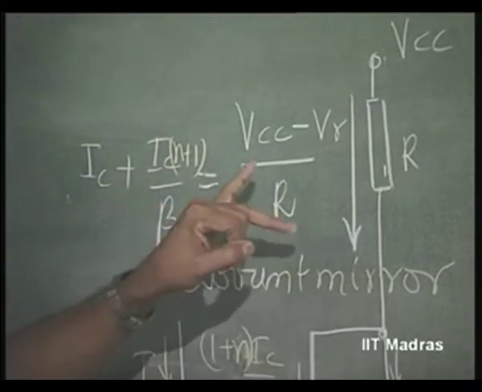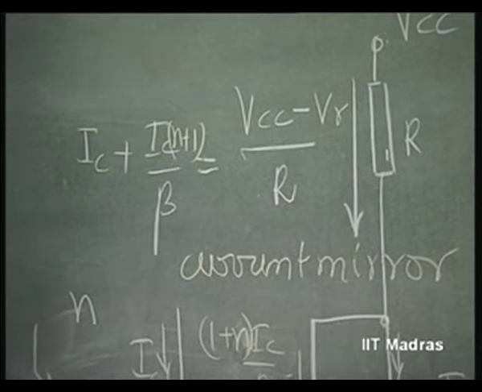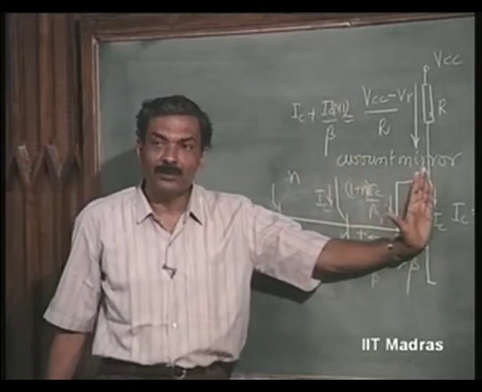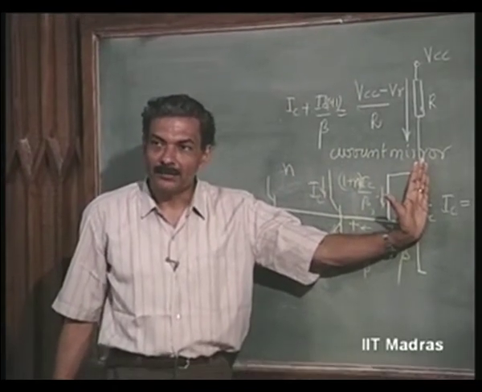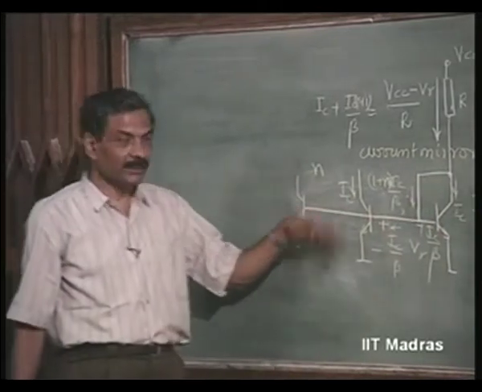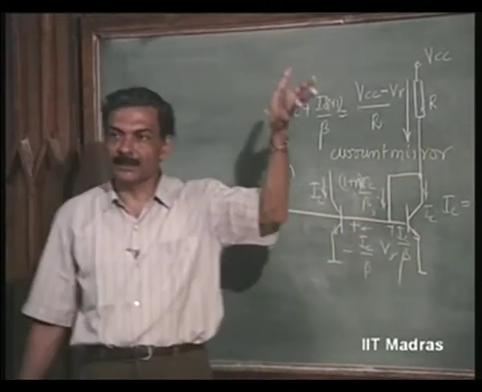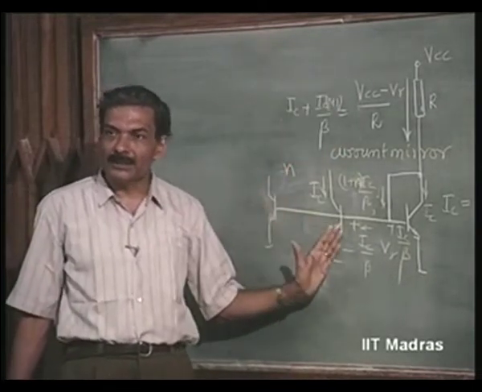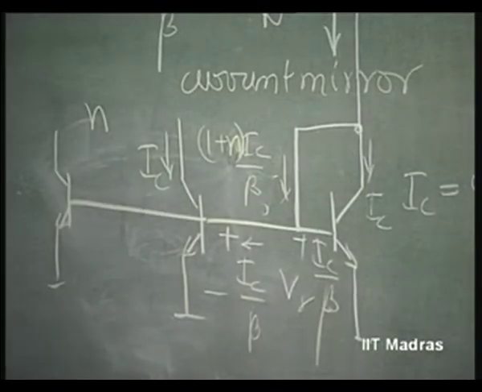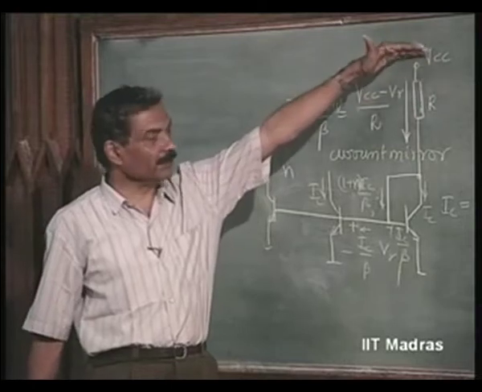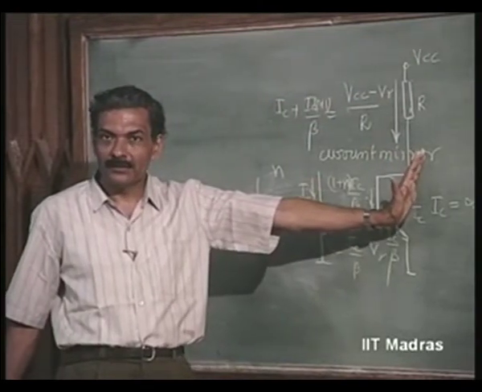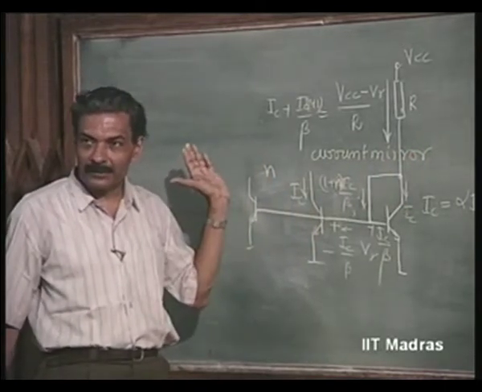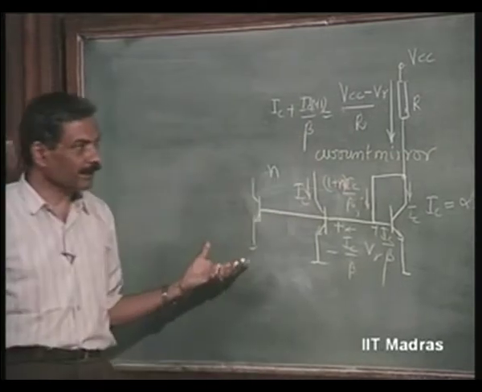Even then IC is same as VCC minus V gamma by R. That means I can have 10 such transistors getting biased at a stable current of VCC by R. This is fantastic because I can use these current sources at 10 different places for biasing the various devices at the same current, which is VCC by R, without using any extra resistor, just by using one resistor which converts the voltage into current, which otherwise should have been done by 10 different resistors. Okay. So, this is a common technique of biasing.